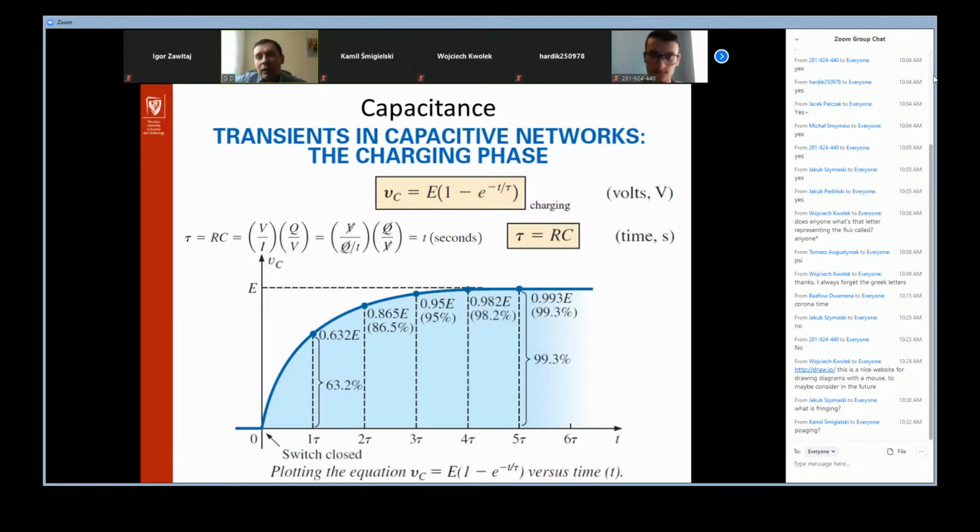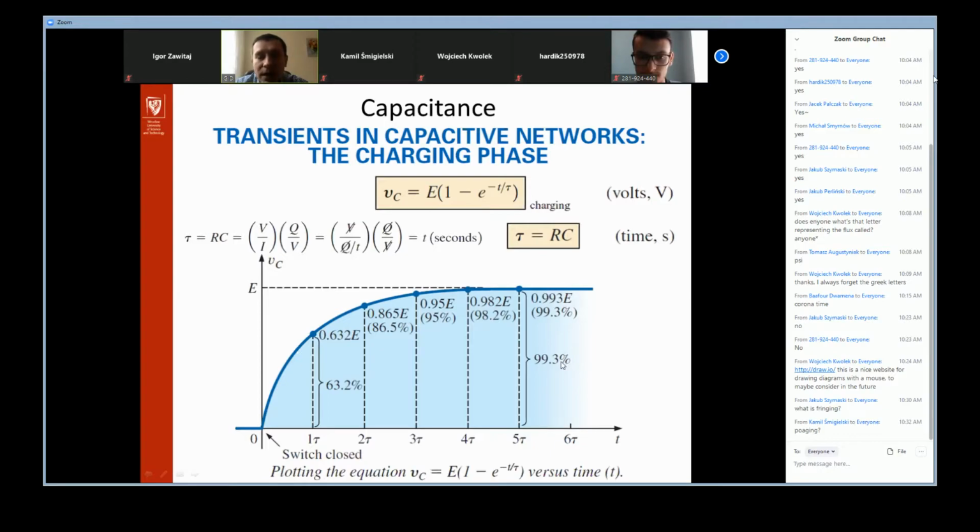So in electronics, this time was chosen as 5 times tau, which means we get, in fact, a voltage drop on the capacitor equal to almost 100%. This is 99.3%.